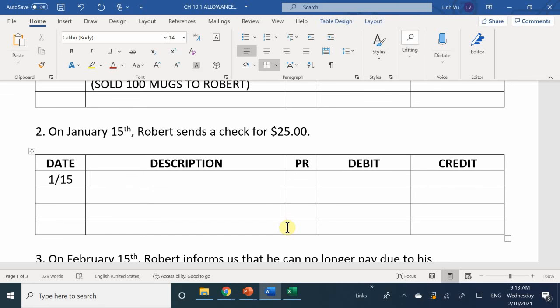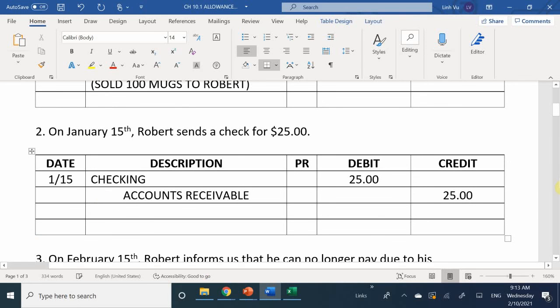Credit. What did we receive in exchange? A check. Yes, we received money. Obviously, we better increase our checking account. And we're reducing the amount that he owes me, right? All right, and we're gonna reduce it by $25.